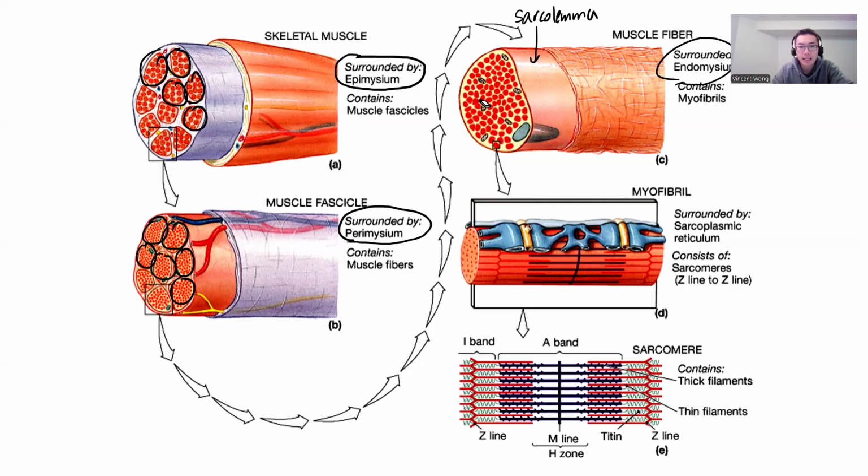Inside the cell, you have all these mitochondria, you have the myofibrils, and the myofibrils are surrounded by the sarcoplasmic reticulum, which contains calcium. These yellow tubes are the T-tubules I told you about. And then we have the sarcomere, which I haven't explained yet.